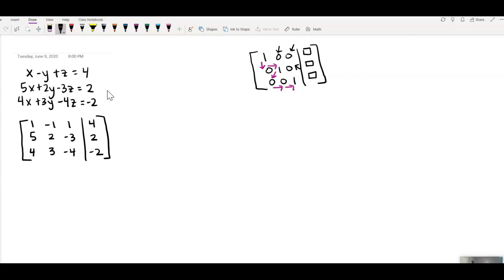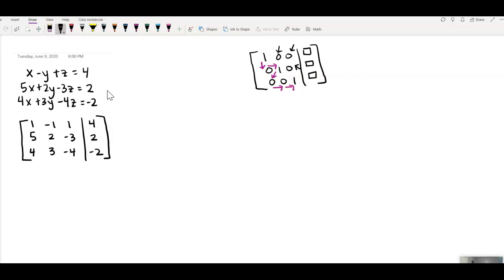And I can't stress enough to double check to make sure that your negatives are where they should be negative, your positives are where they should be positive, because there's just nothing more frustrating than working it through and then realizing that you missed a negative somewhere, okay? All right, so the first thing I wanted to do is get a 1 in the upper left-hand corner, and that's already done, so that's awesome, all right?